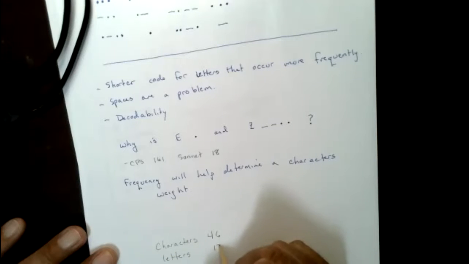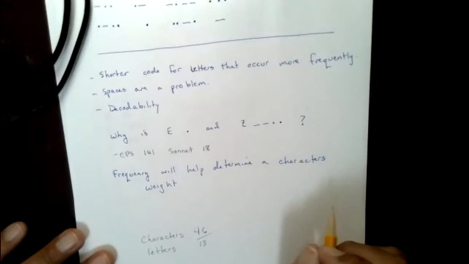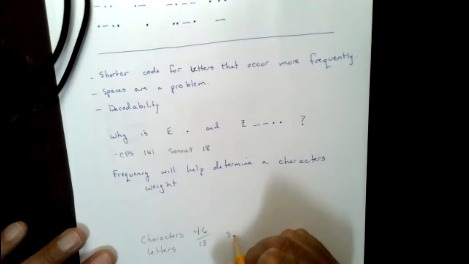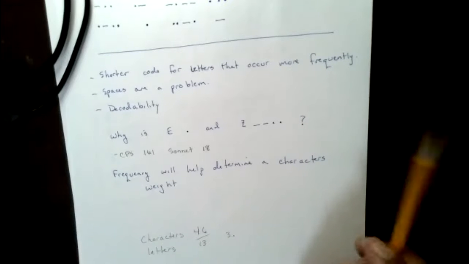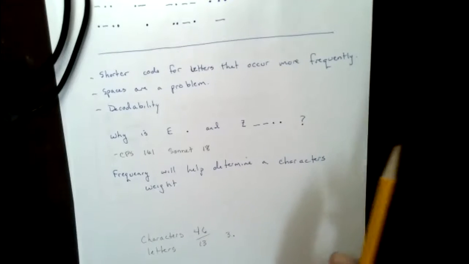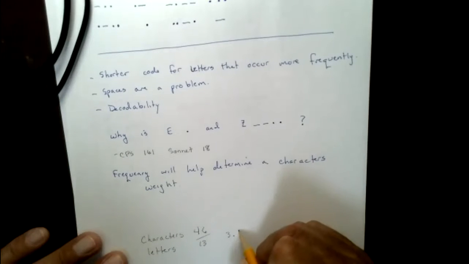13 letters. So if I do a quick division, what's 46 divided by 13? About 3.5. Hey Siri, what's 46 divided by 13? 46 divided by 13 is about 3.5384.